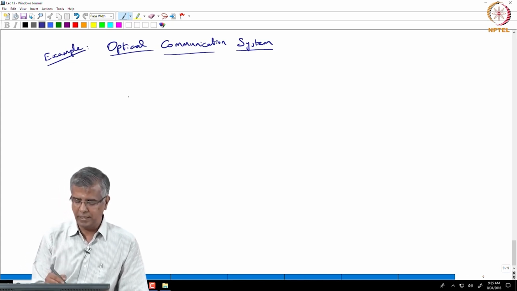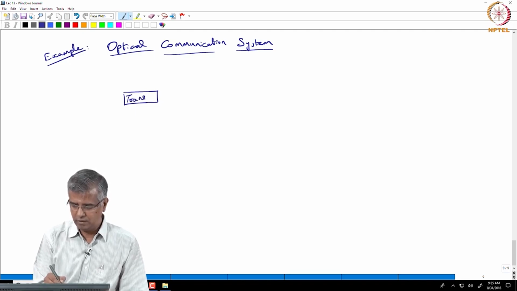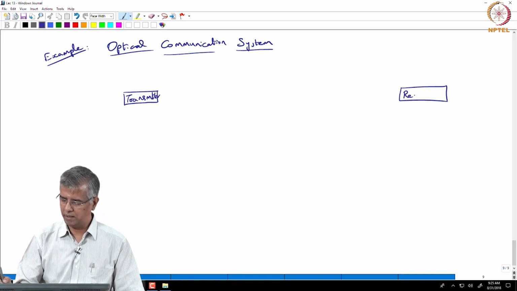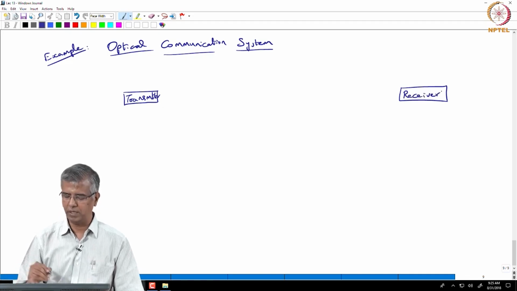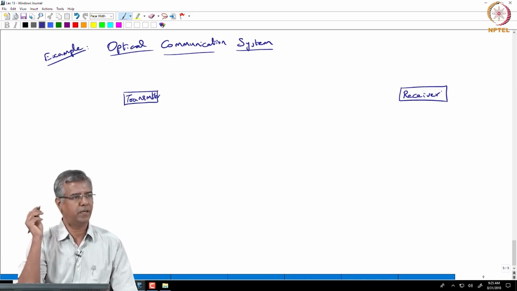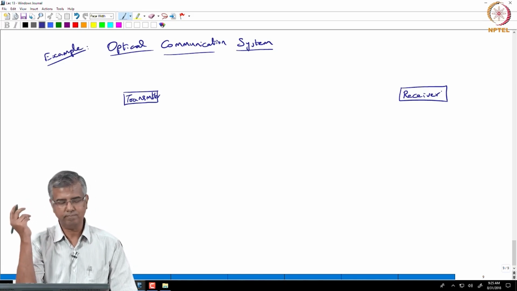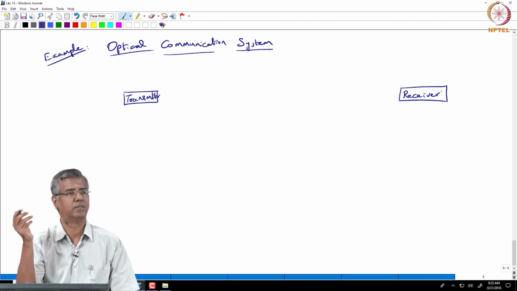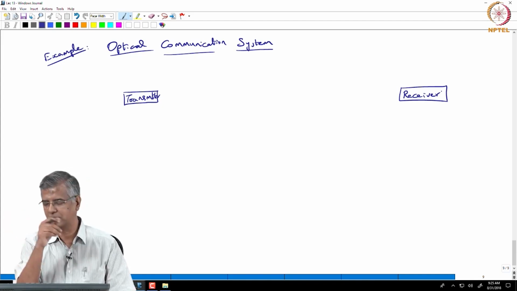And what exactly do we need? Well, in an optical communication, you have a transmitter, and then you may have a receiver, and the distances between the transmitter and receiver could be of the order of hundreds of kilometers, thousands of kilometers. We are talking about going across the ocean, Atlantic Ocean, Pacific Ocean.